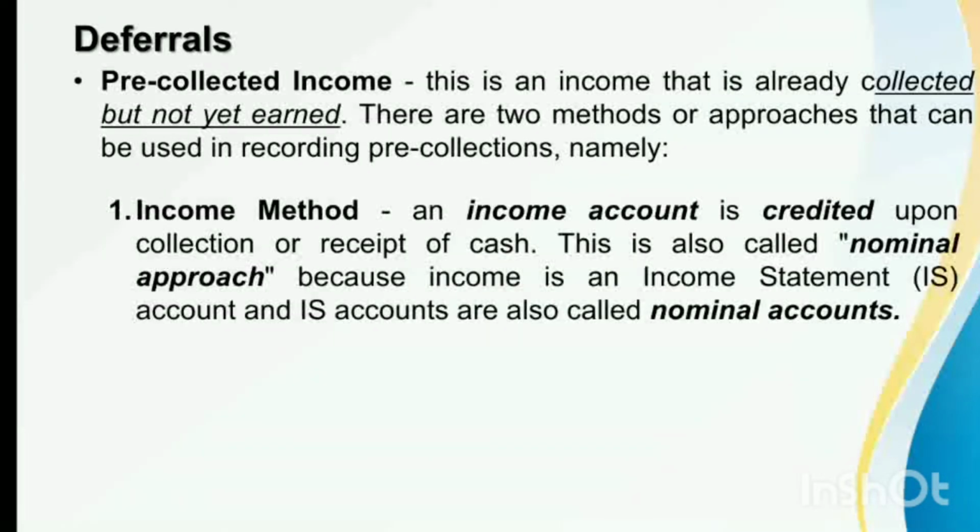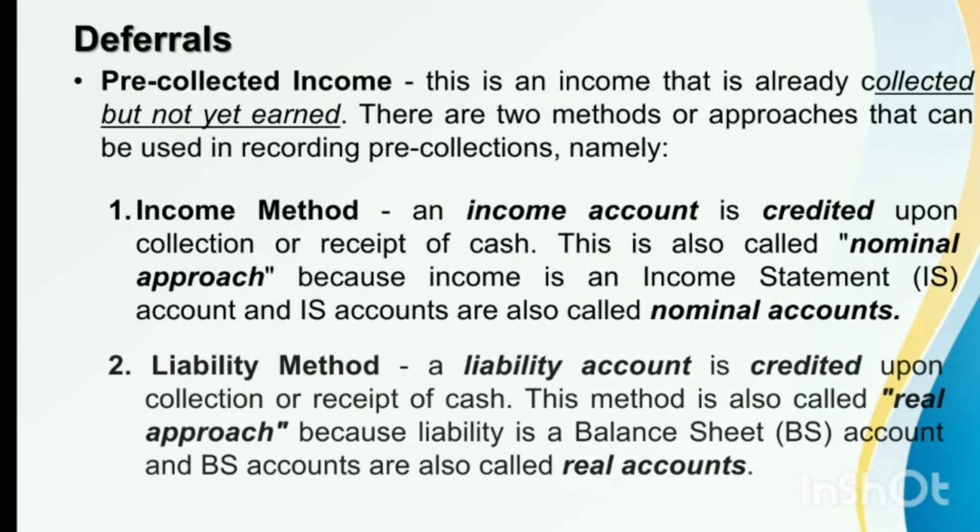The other method in recording pre-collected income is the liability method or real approach. In this method, a liability account is credited upon collection or receipt of cash. This method is also called real approach because liability is a balance sheet account, and balance sheet accounts are also real accounts.